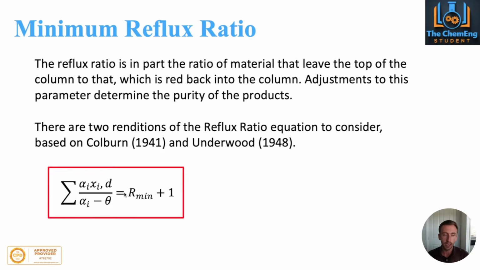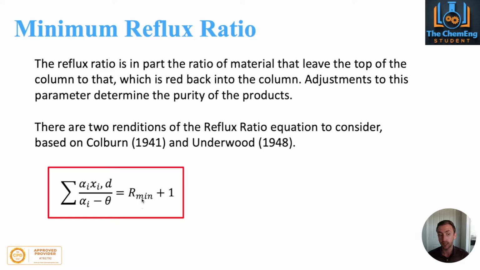So the first one here is Colburn, which gives us basically a summation of the average relative volatility multiplied by the concentration in the distillate divided by the average relative volatility minus this theta value. And I'll come back to the theta value in just a second.